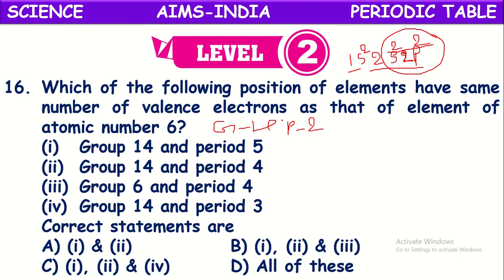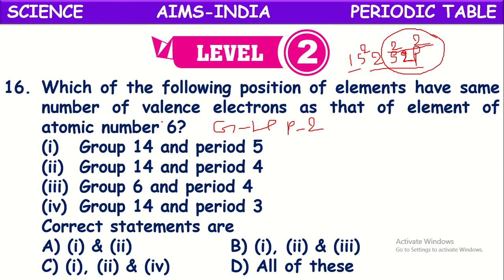Now what they're asking, let us see once: which of the following position of the element have same number of valence electrons as that of the element atomic number 6. Okay, so to be with the same number of valence electrons, those elements should be in the same group. The elements present in a group will be having same number of valence electrons.